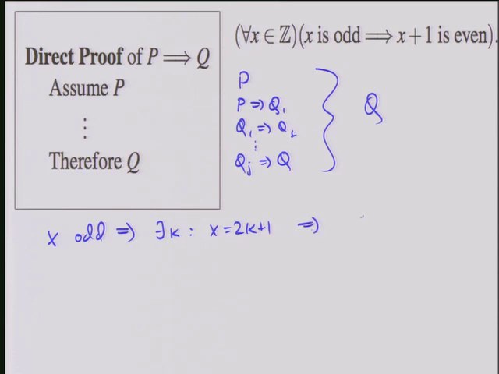This implies that x plus 1 is equal to 2k plus 2, which is of the form 2 times k prime, which implies that x plus 1 is even. So you can see the direct proof is what you'd expect. You just directly follow these simple implications along.